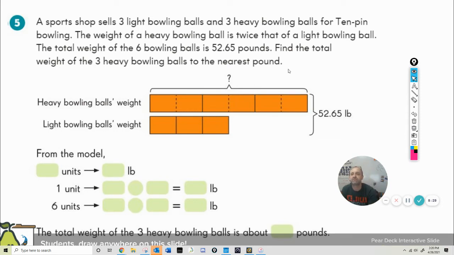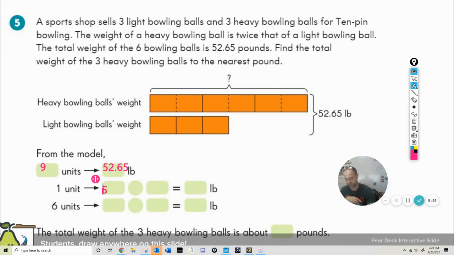So 3 heavy and 3 light. The unit is a light bowling ball, and a heavy bowling ball weighs 2 units. So if we've got 3 heavies and 3 lights, the 3 heavies times 2 units each is going to be 6 plus our 3. We've got 9 units. So 9 units is going to be the 52 65/100 of a pound.